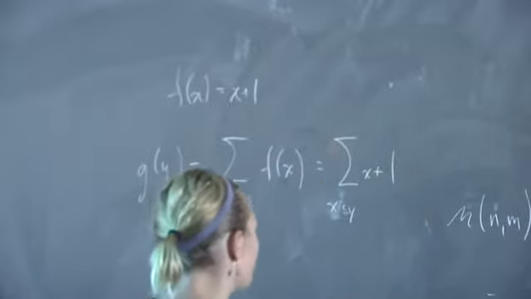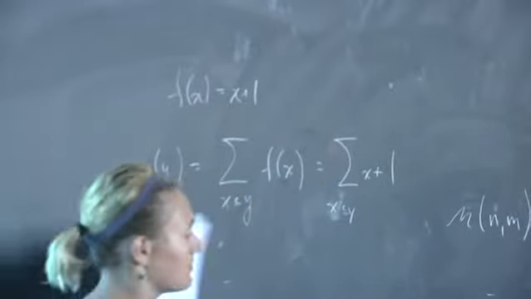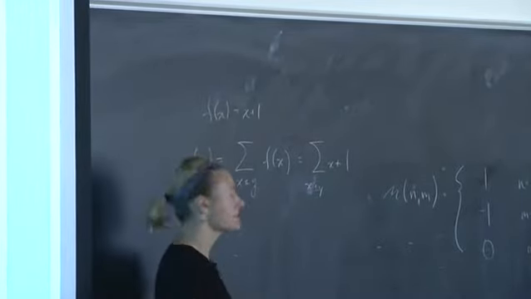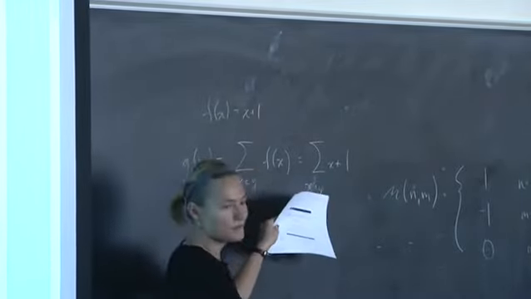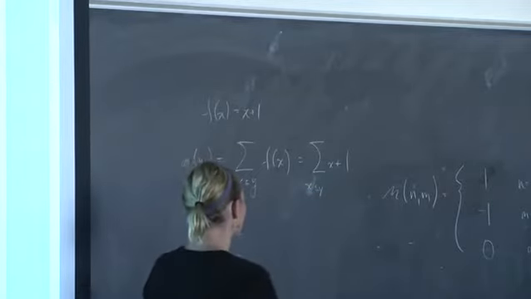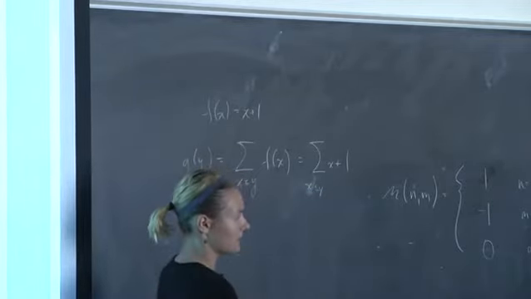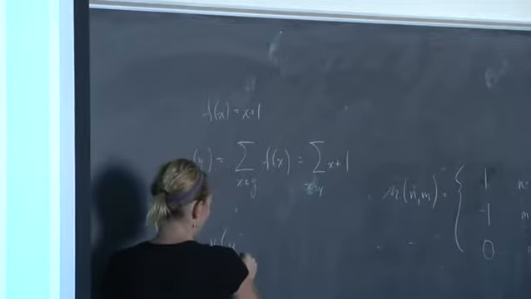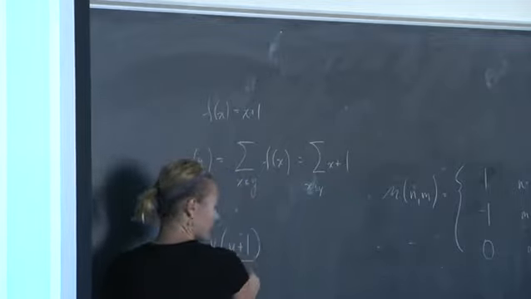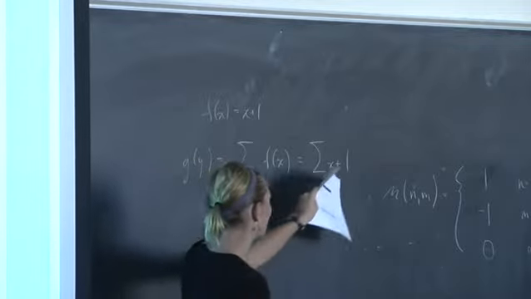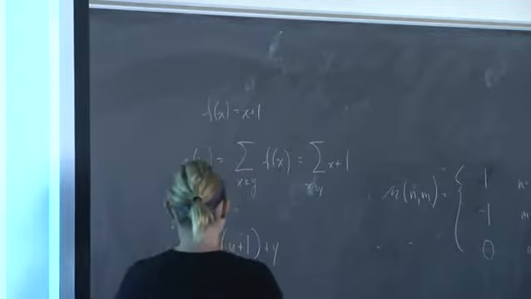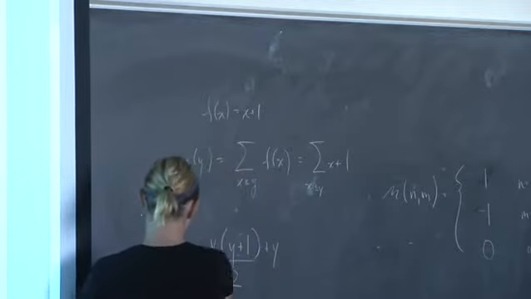And this is the poset we're working with, the natural numbers here. So I'm summing over all natural numbers less than or equal to y. If you remember, the sum of all the natural numbers up to a certain point is just going to be y times y plus 1 over 2. Then you add the 1, y times, so this is going to be plus y. So g of y is really just equal to this.